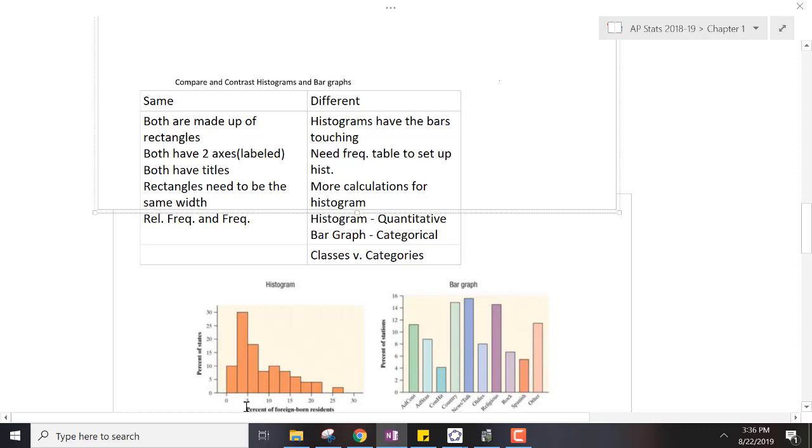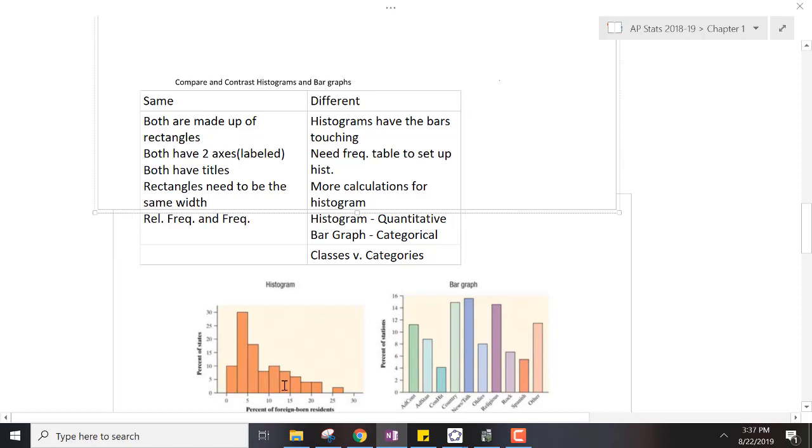So we need to know how many times something happens, whether it's percent, relative frequency, or actual frequency, it doesn't matter. More calculations for histograms: we have to find the range, we have to figure out what goes into what. Bar graphs are a little bit easier to get the data from. Again, histograms are quantitative, bar graphs are categorical, and it's classes versus categories.